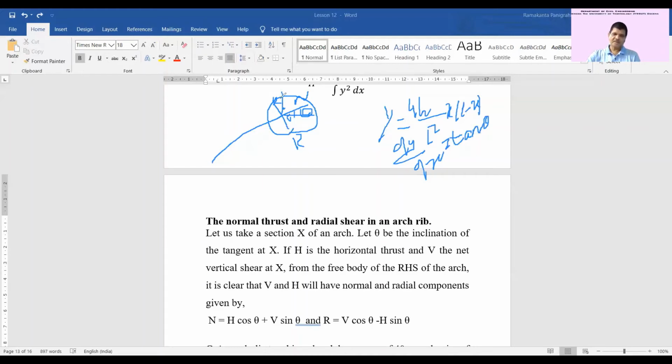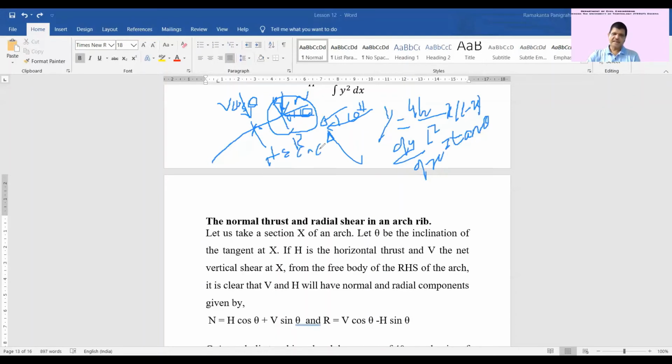If the radial shear comes this way, the component of v will be v cos theta in this direction, and the component of h will be in this direction. This is h cos theta, and h sin theta will be upward, because h is like this and this angle is theta.